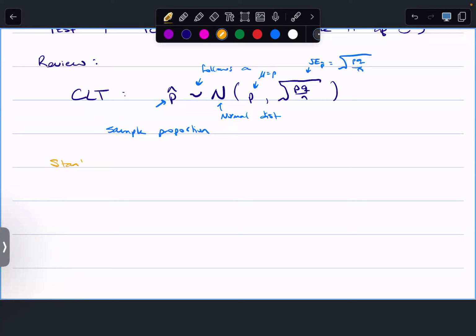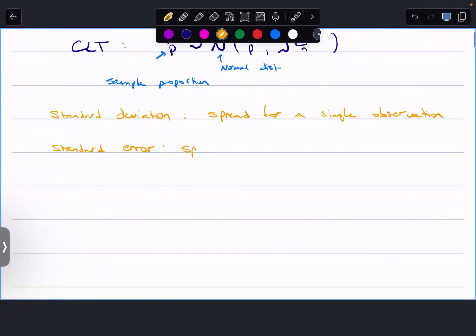The standard deviation is the spread for a single observation versus the standard error is the spread for a statistic such as p hat. Right, a statistic is a measurement from a sample.